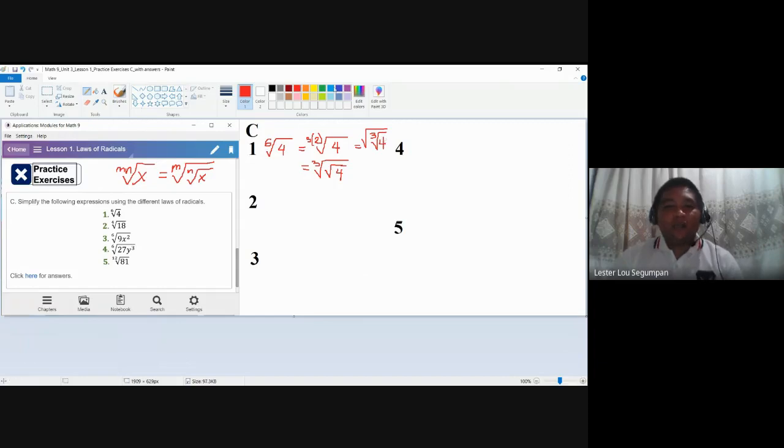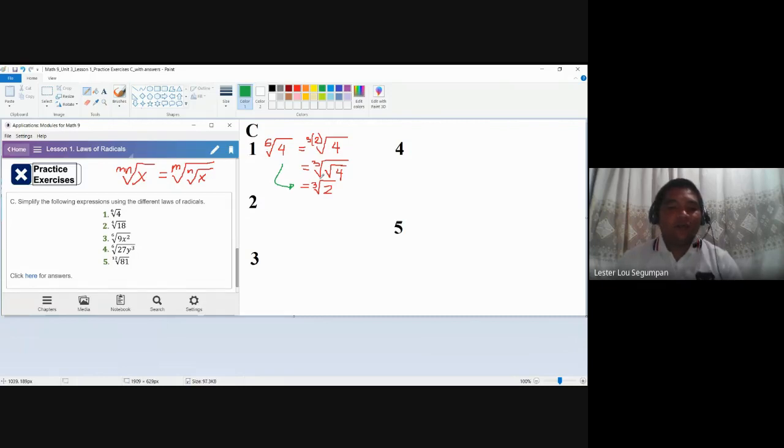So the correct way is to use the first form, because we can simplify 4 as a square root. So we have the cube root of the square root of 4, which is 2. In short, the sixth root of 4 is simply equal to the cube root of 2. And since 2 is not a perfect cube number, that is our final answer.